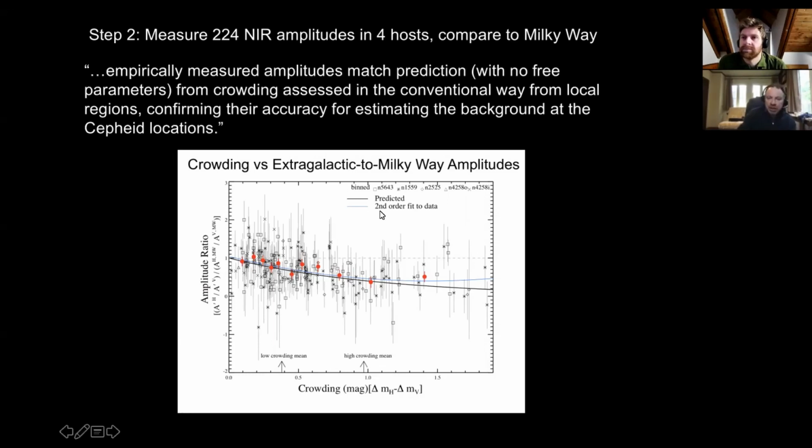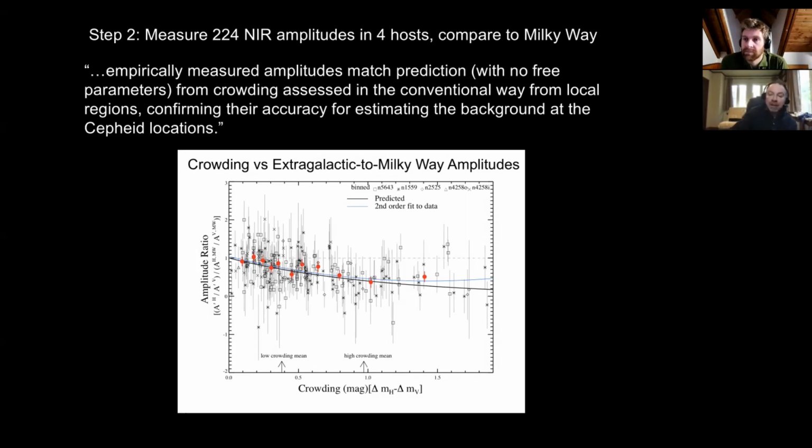What you see here in black, this line, is the prediction of how the amplitudes will change with the crowding. And there are no free parameters in it. There's no choices here, right? This is exactly how much compression of the amplitude for a given amount of crowding you have to get. And you can see that the data fits that very well.